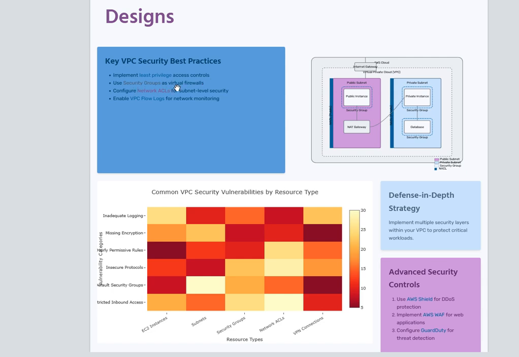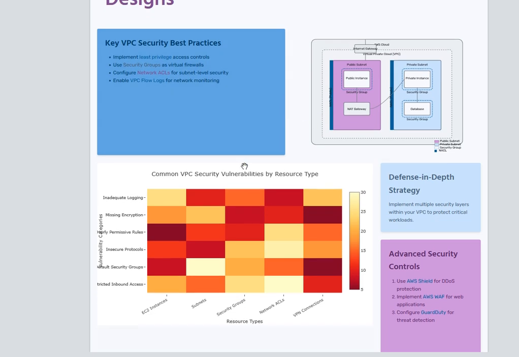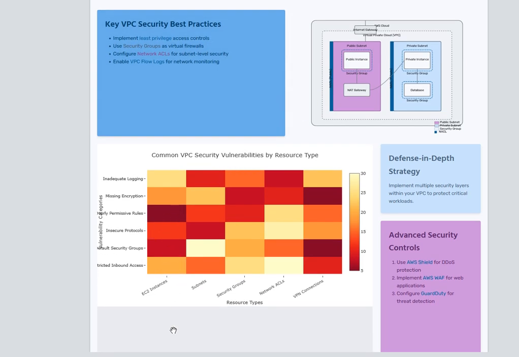And then use security groups as virtual firewalls, configure network ACLs, enable VPC flow logs for monitoring. We have already discussed these things. So which ones are in security group, and then ACLs, right?